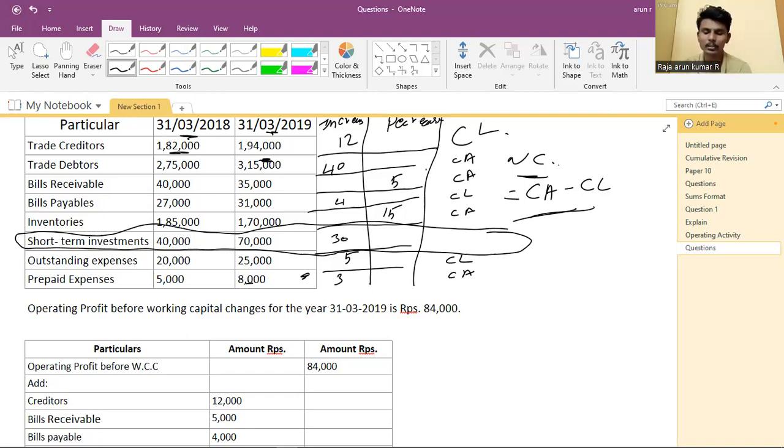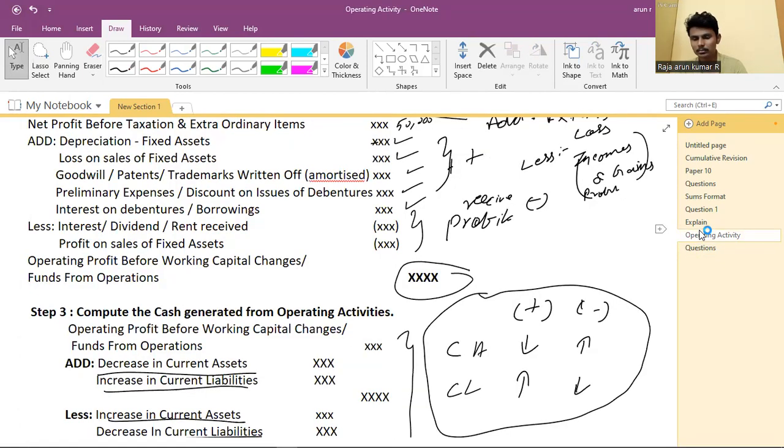In current asset, decreases means add it, and increases means less it. In current liability, increases means add it, decreases means less it.